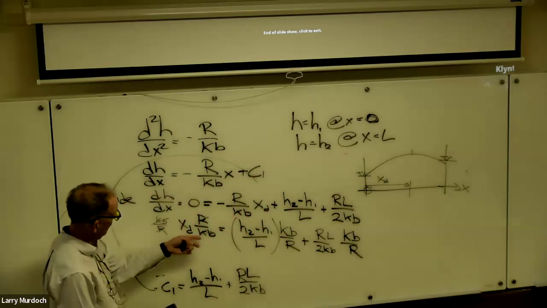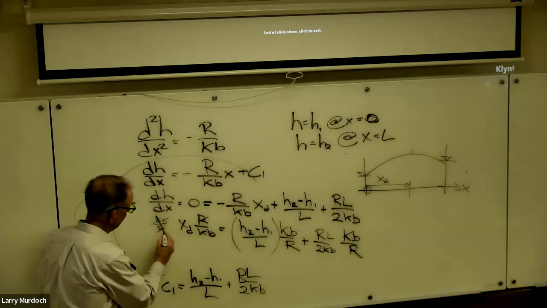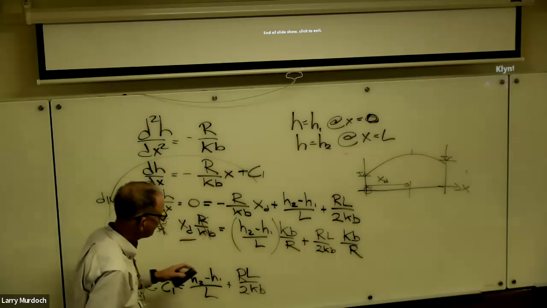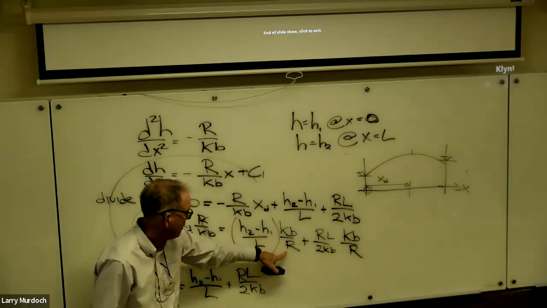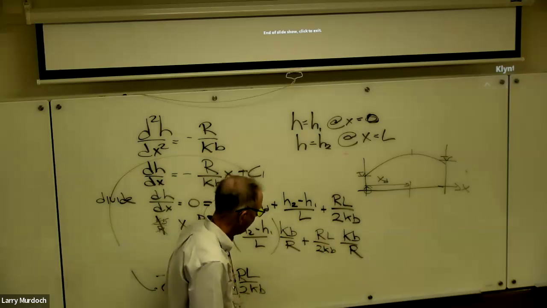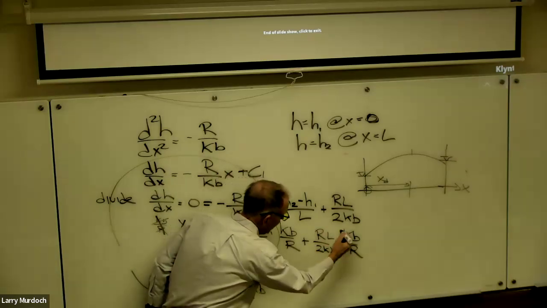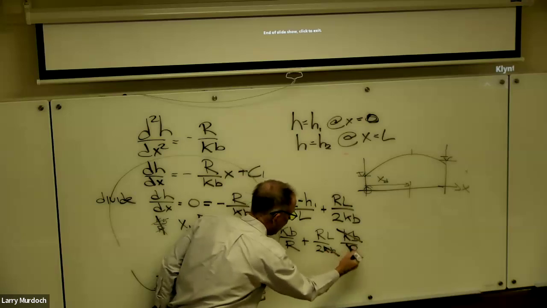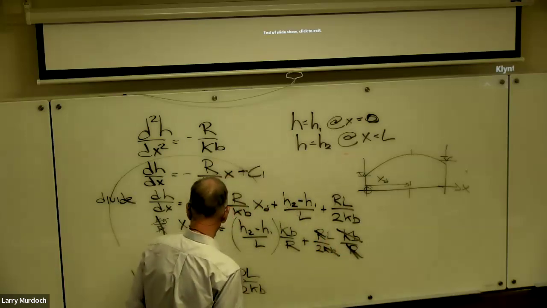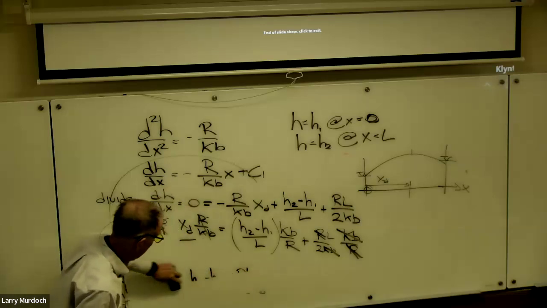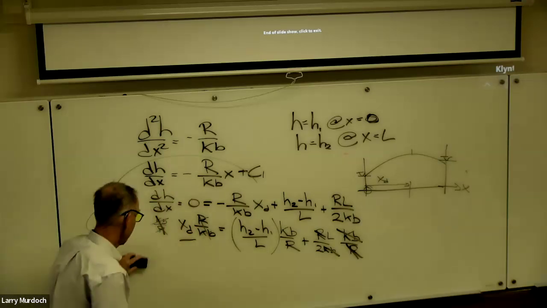Okay, so we do it on this side and these cancel. We're just left with that. Here's K over R, here's K over R, but with this term, that cancels with that. That cancels with that. So here's what we're left with.